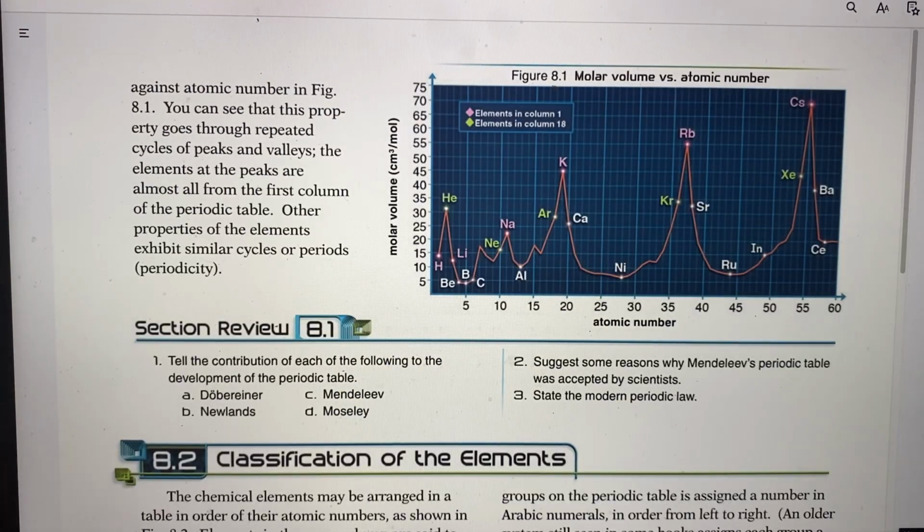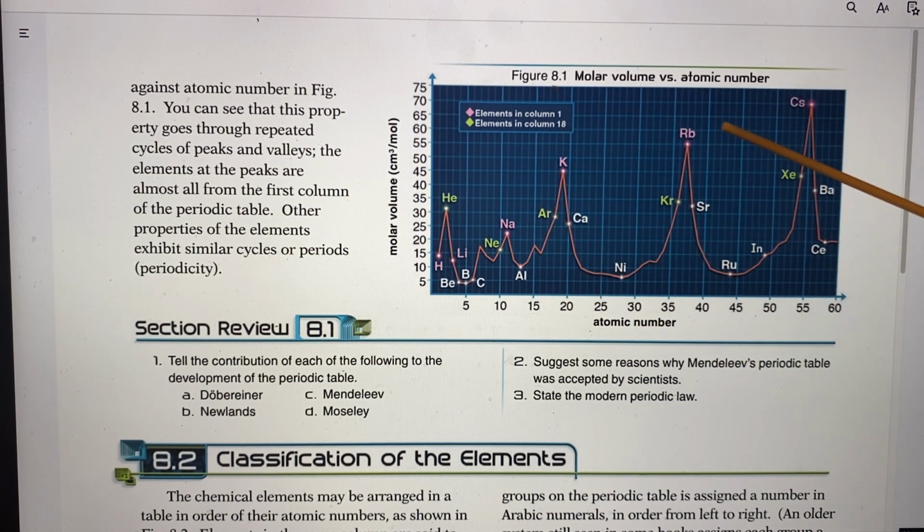Now let's go to the last part here, and this tells about the atomic number and how they saw how the atomic number was related. Here's the molar volume and the atomic number, and you can see the property goes through repeated cycles of peaks and valleys. As the atomic number went up, there were peaks, and these were similar.